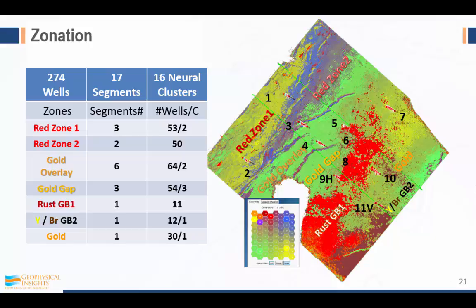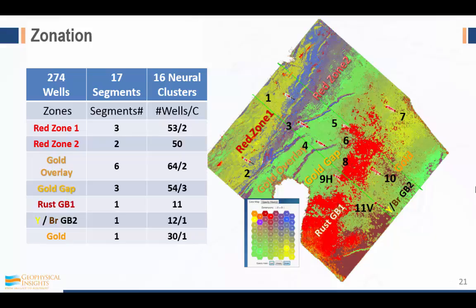It literally seems to wrap around the rust zone down there. But I had already classified the red zone, which later I broke into two parts, because there are 2 segments over here and 3 segments over here, and they appear to be, given the parameters, slightly different.